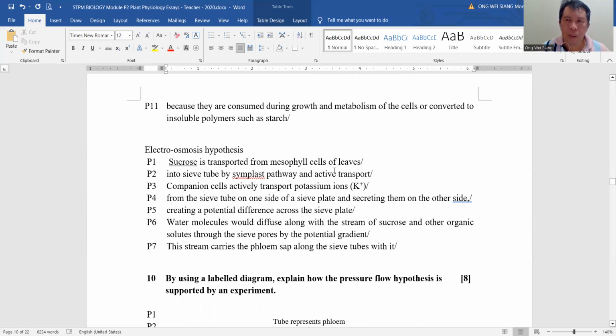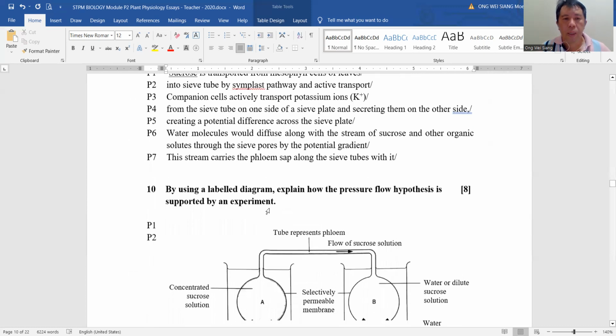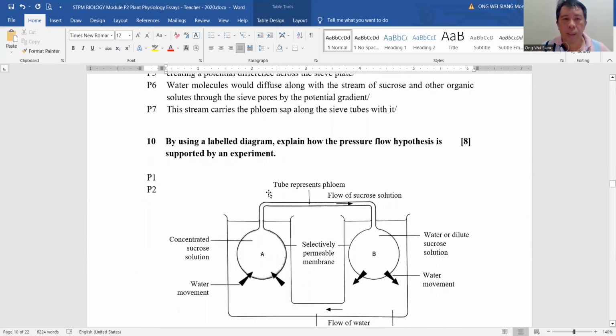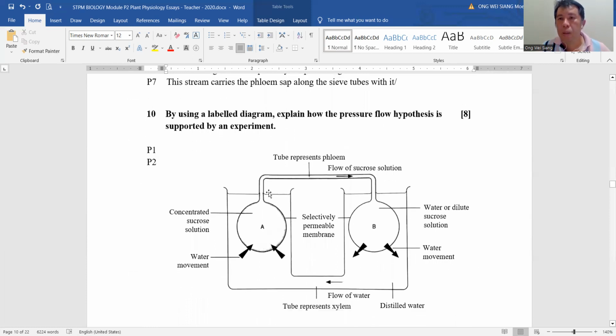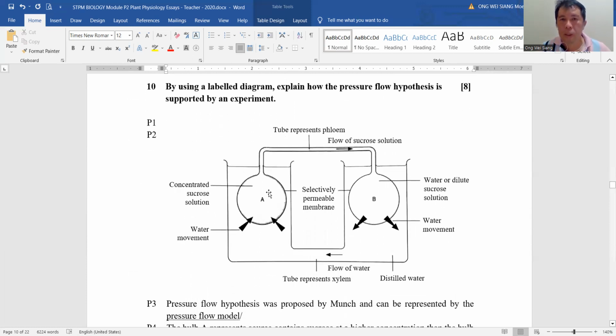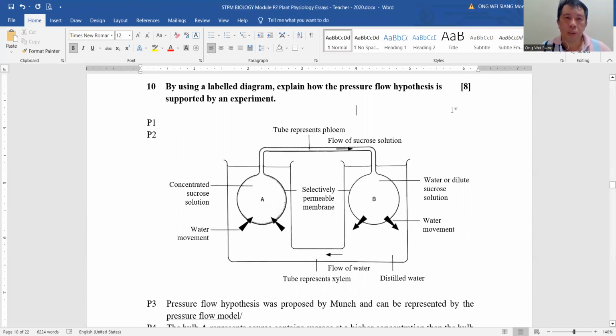So we look at this electro-osmosis hypothesis. This one is not much to discuss, you can go through it on your own. Then please look at this labelled diagram, because maybe an MCQ or structured question will ask. For essay questions, normally they ask you to label this diagram or to draw this diagram to explain your essay.